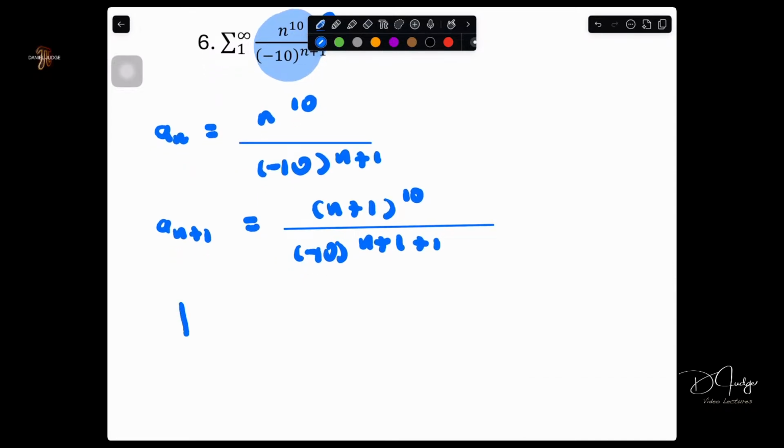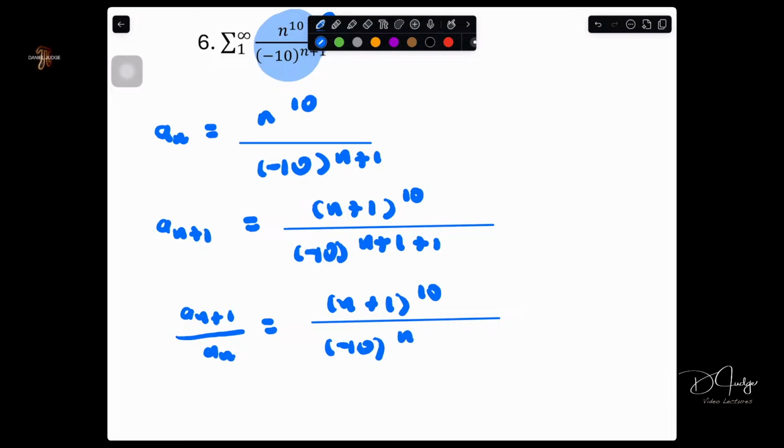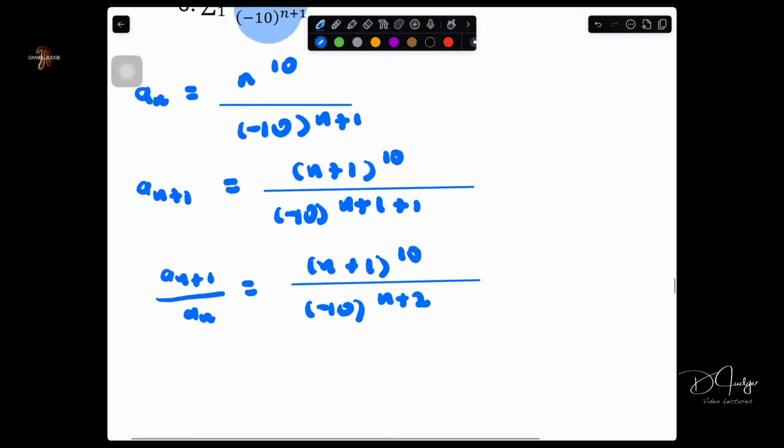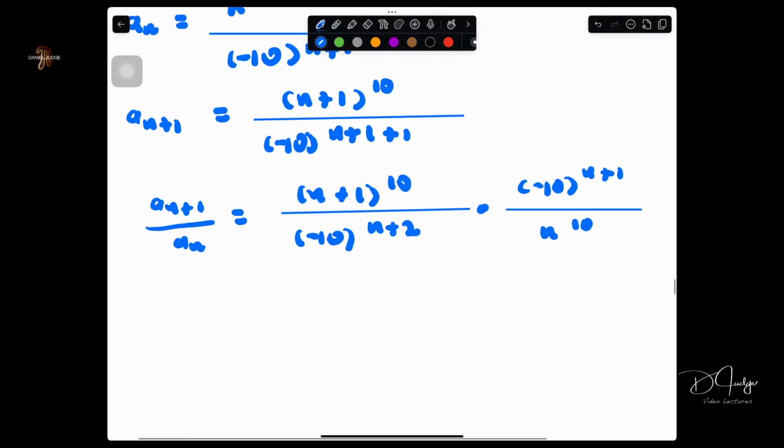And so let's look at the absolute value of the ratio of the two terms, meaning a_{n+1} over a_n: n plus 1 to the 10th power over negative 10 to the n plus 2. We're going to save some time and multiply by the reciprocal here: negative 10 to the n plus 1 over n to the 10th power.